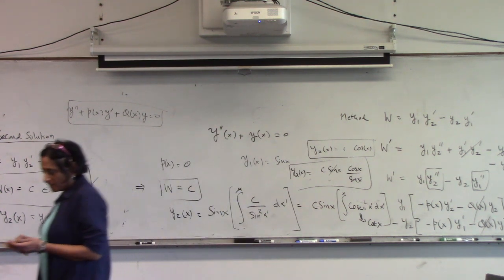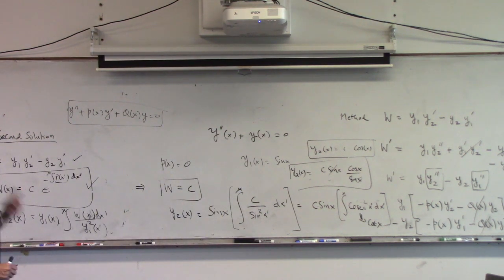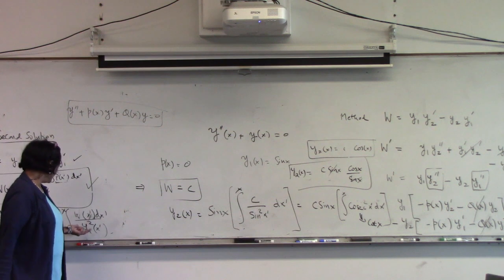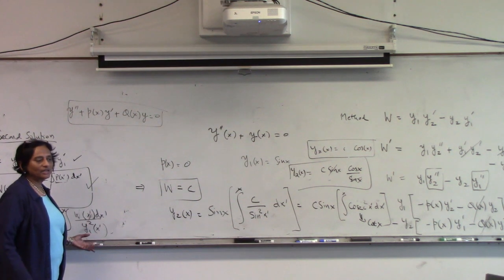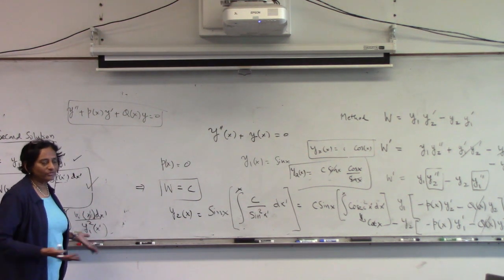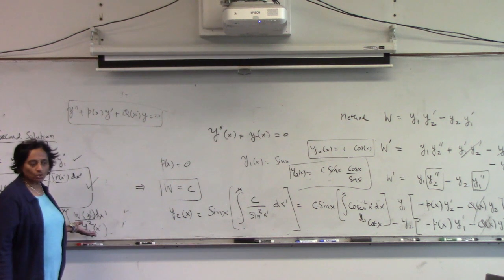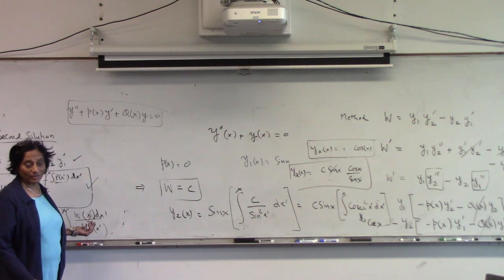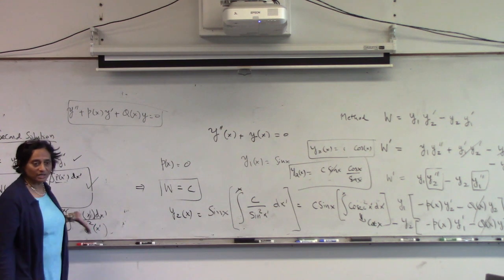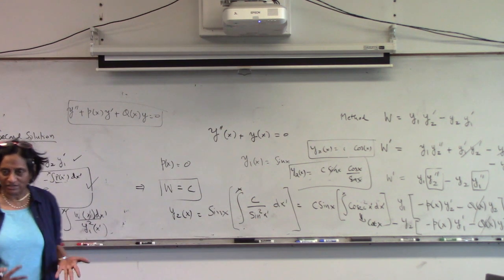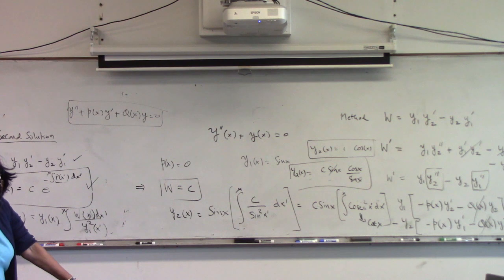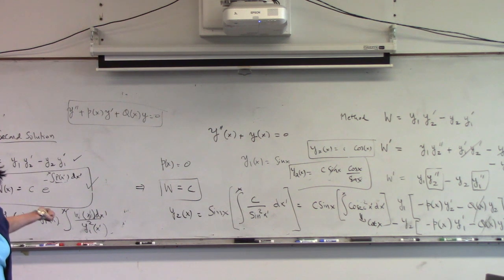All right. So this method is useful only if I can get my y1 in a functional form. If you leave it in a series, it's not useful, because I have to do the integration, right? I need to have a functional form. If you leave it in an infinite series form, you will not be able to use this method.